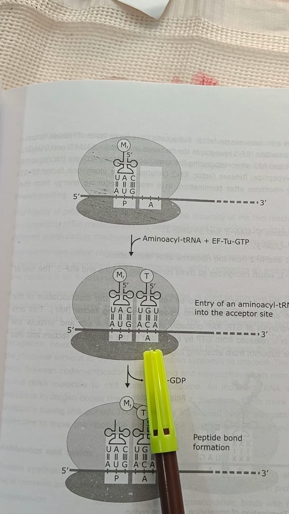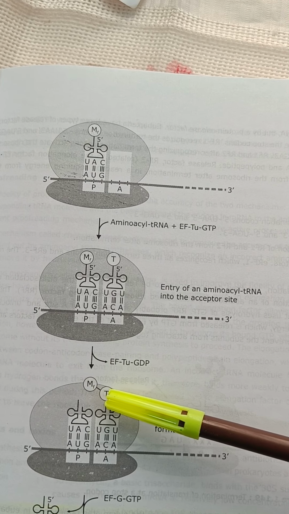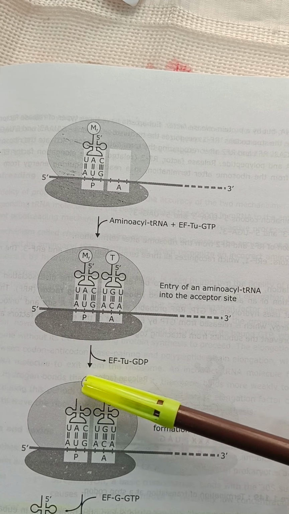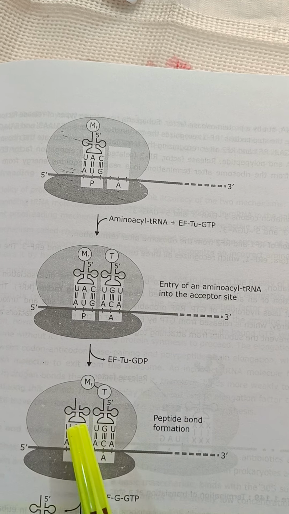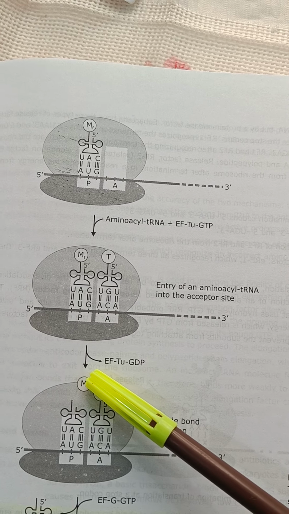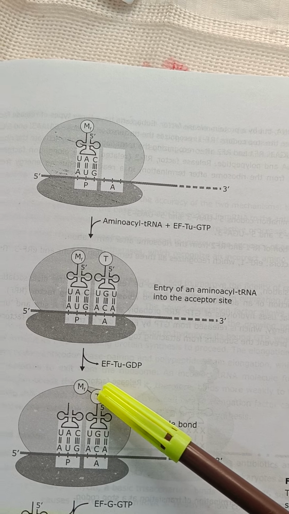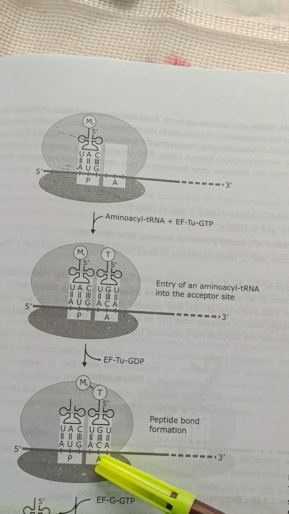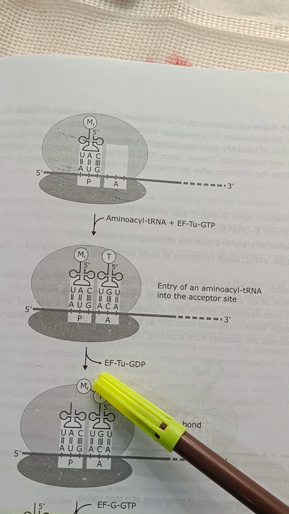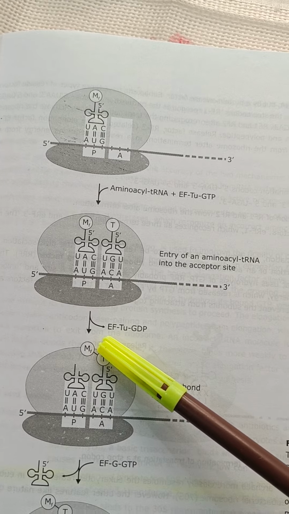Once it reaches the A site, a bond is formed between your first amino acid and the second amino acid. The first amino acid gets detached from its tRNA and a bond is formed between it, which was in the P site, and the second amino acid, which was in the A site. This bond formation is mediated by an enzyme called peptidyl transferase.